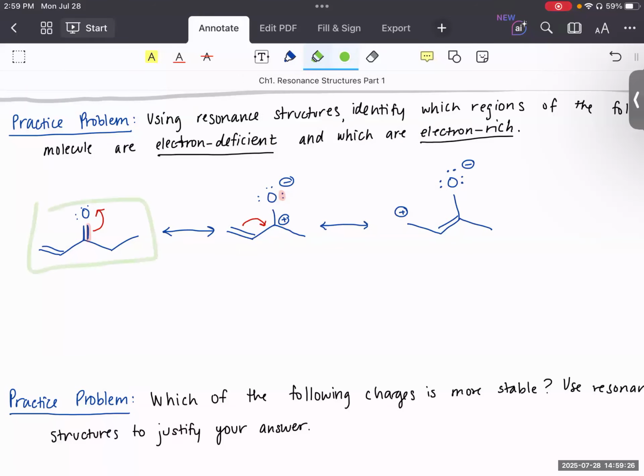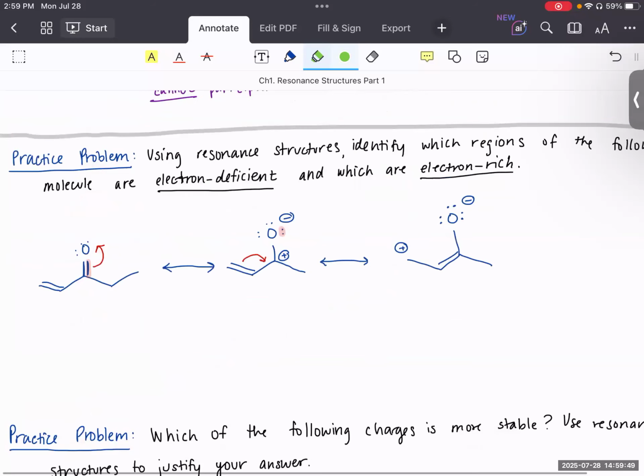So here we don't have any charges, so we're at a charge 0. In this middle one, we have a +1 and a -1, so we're also at a 0. And then we'll talk about how we get this charge in a second, but in this one, we also have 0, so we're good with the charges across these resonance structures. But let's talk about how I got that +1 for that left carbon, for this carbon right here.